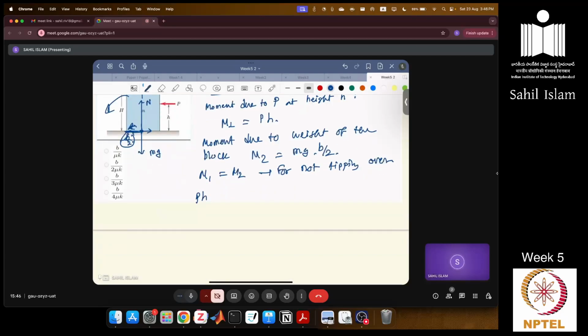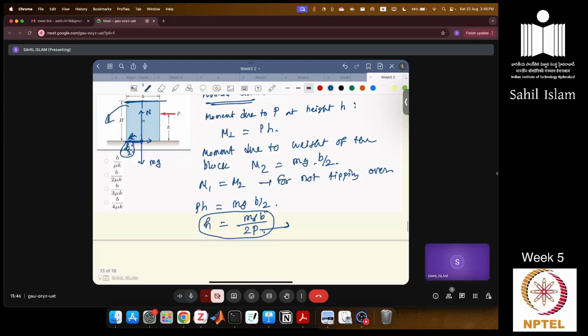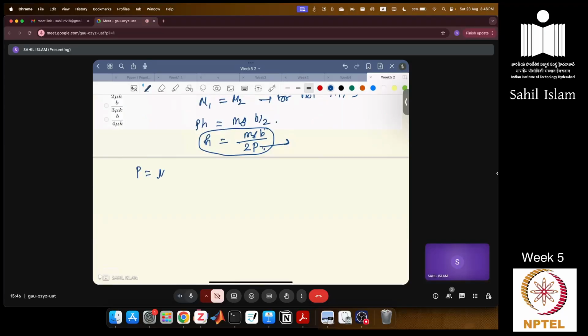So pH equals mg b by 2. So H equals mg b by 2p. Now we have to define p. P is the force. So this p equals mu n.